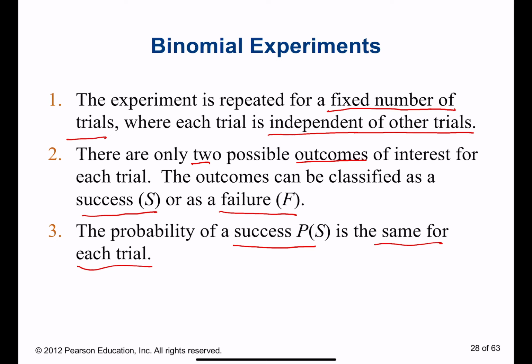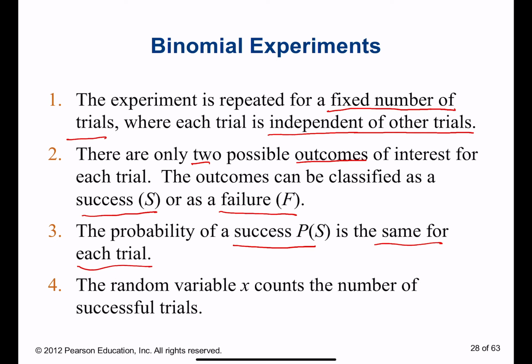So it's the same probability. The random variable x, this is what we need to know. X is always counted as the number of successful trials. So there are 4 properties or characteristics of a binomial experiment.